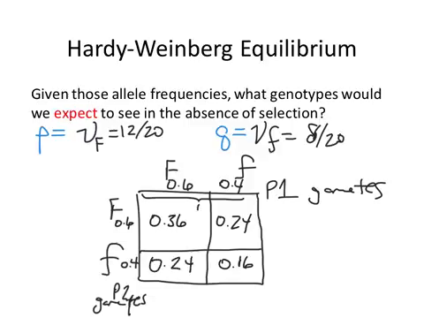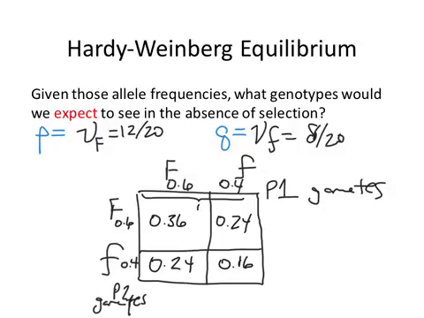Hopefully, if we've done this correctly, all of those will add up to 1. Yes. Okay. So we've got 100% of the individuals accounted for. 0.36 plus 0.24 plus 0.24 plus 0.16 is 1. So there you go.